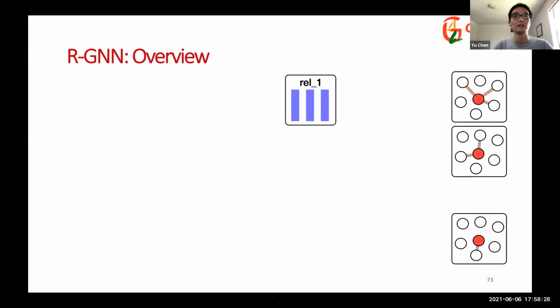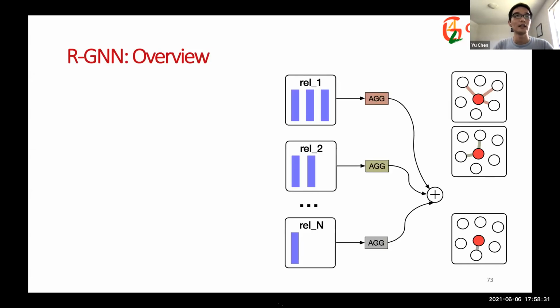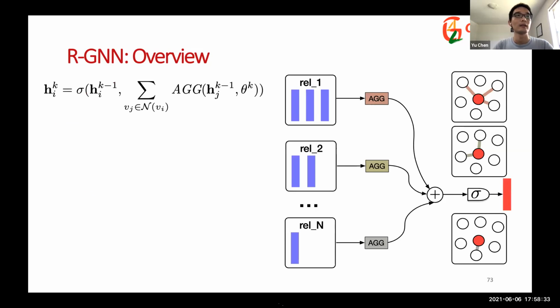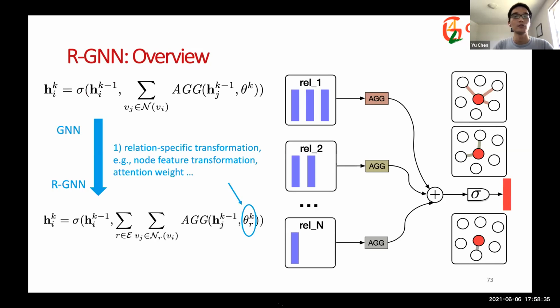RGNN is the most common variant, which works like this. The key idea is that it introduces two key features. The first feature is that it applies relation-specific transformation, for example the node feature transformation or attention weight, to the GNN message passing process.